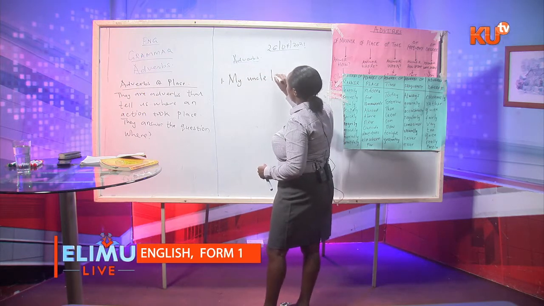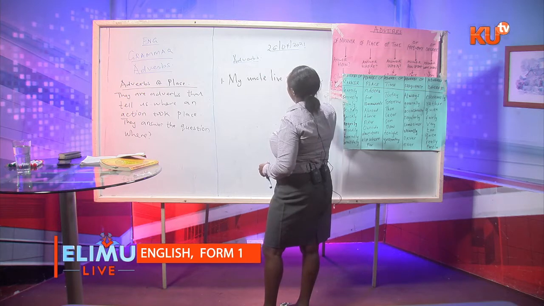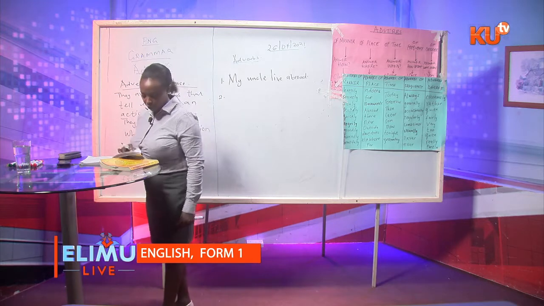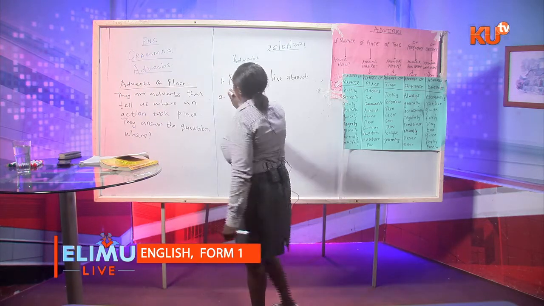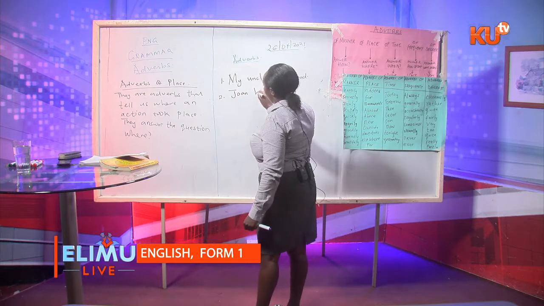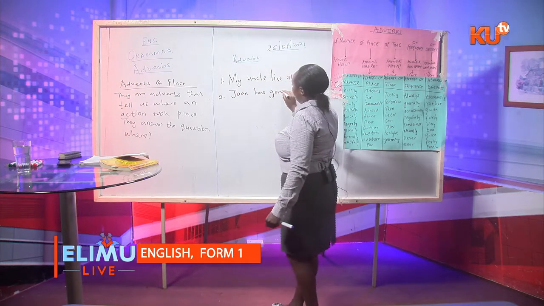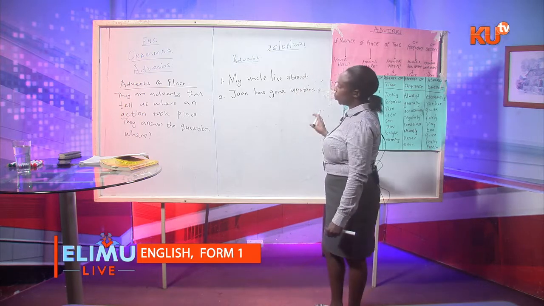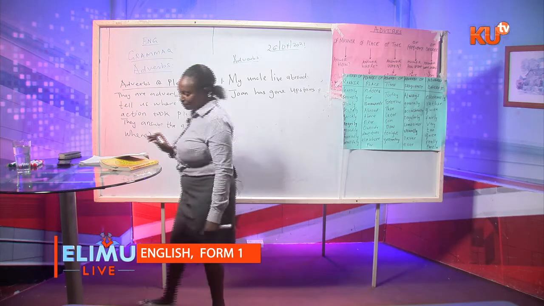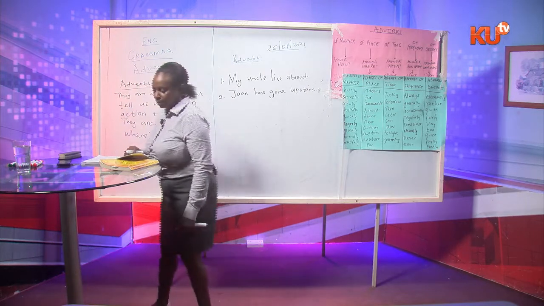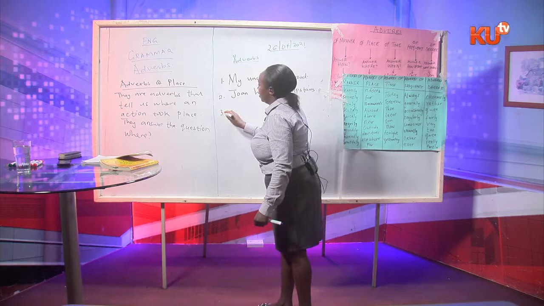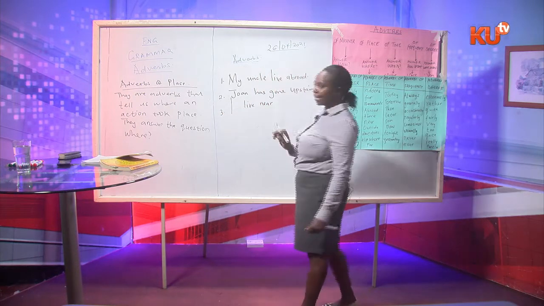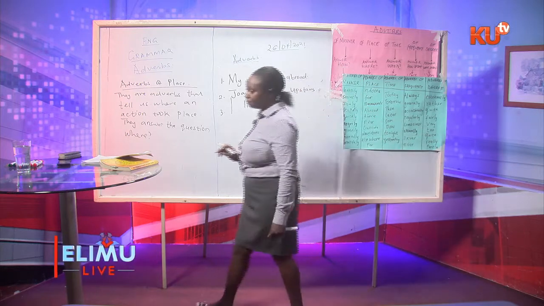My uncle live abroad. My uncle live abroad. Joanne has gone upstairs. I live near.